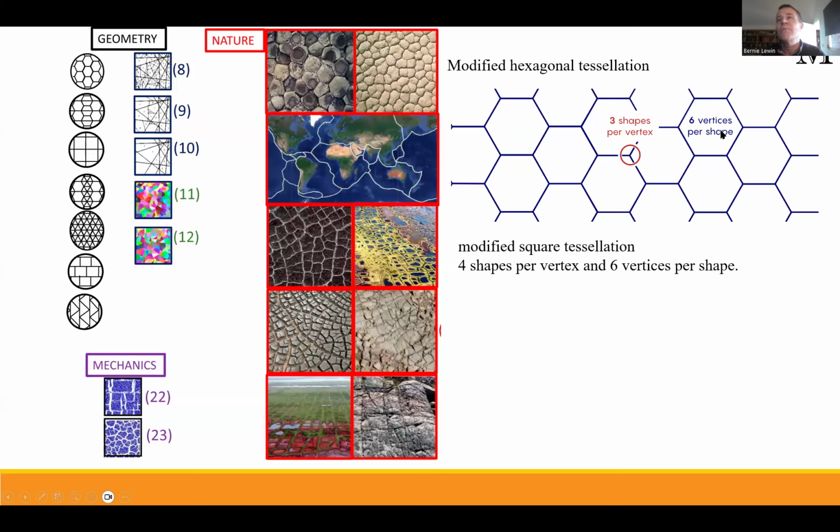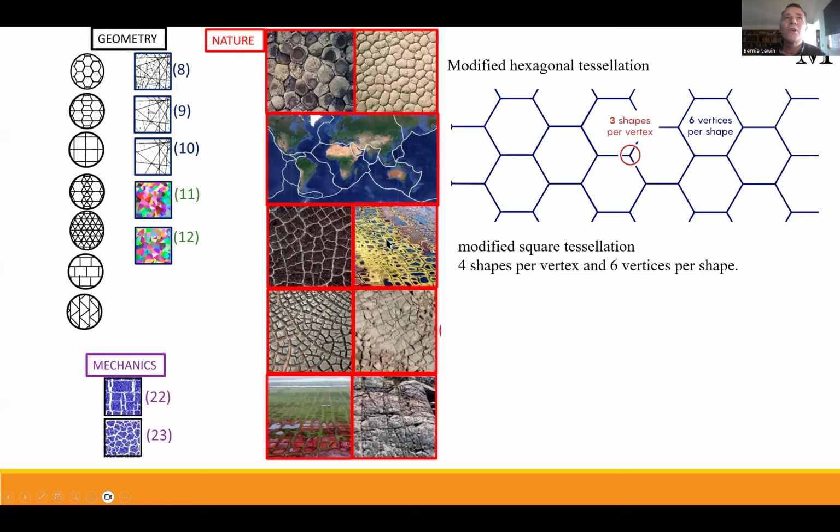So one way to analyze is to look and see how many vertices per shape and how many shapes per vertex. So here with hexagons, you've got 3 shapes per vertex, 1, 2, 3. And here when you look in the shape, so the hexagon, you've got 6 vertices per every shape.